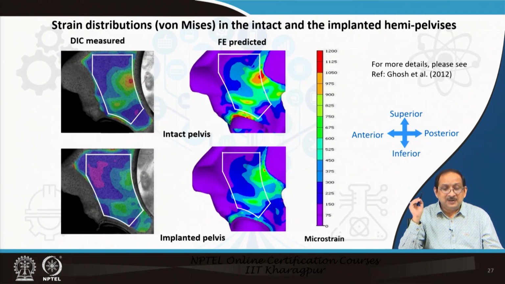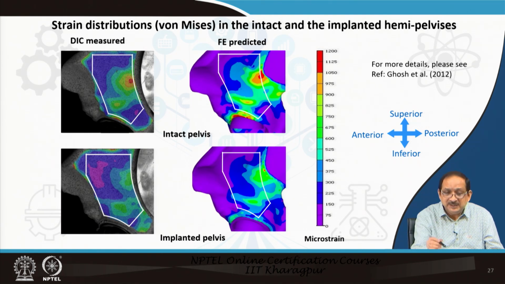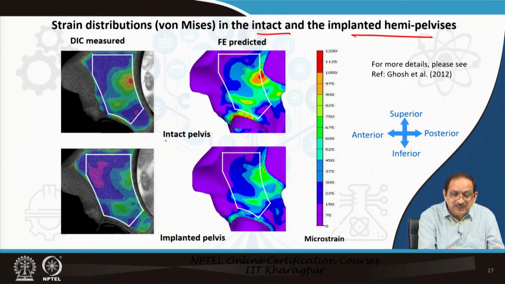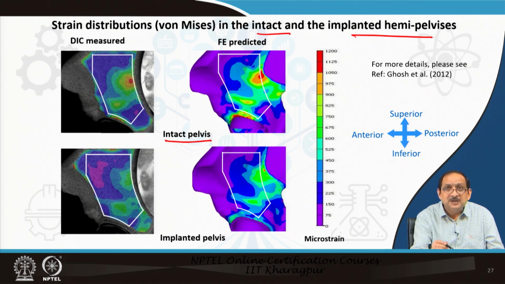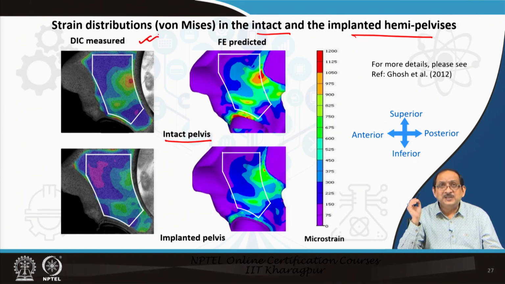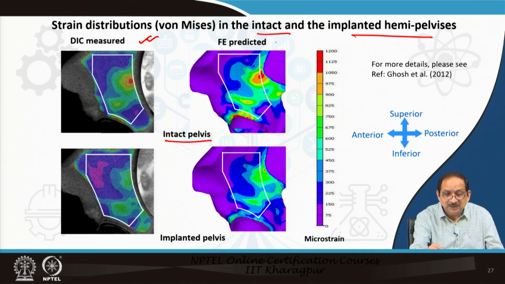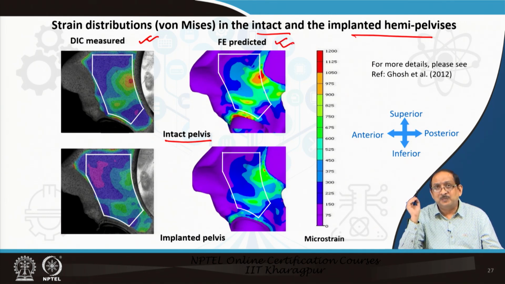Now, we present the results of our study. This is the strain distribution in intact and implanted hemipelvises. As you can see, for the intact case, the area enclosed by the white line is the region of interest, and you can see very clearly that the full field strain distribution for the DIC measured case and the FE predicted case are very well comparable.